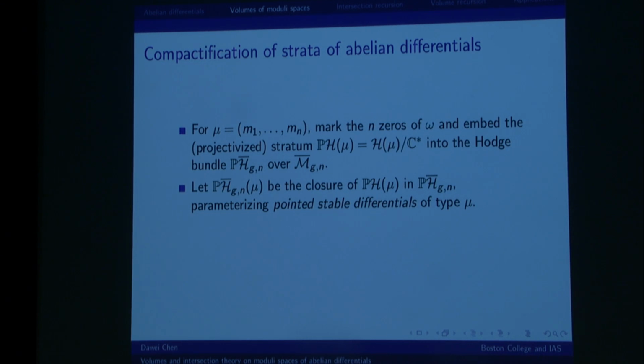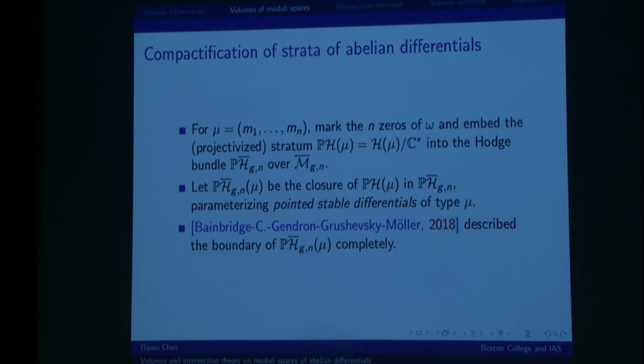Let me just briefly say that with my coauthors Sauvaget, Yang, Chen, Grushevsky, and Möller, in an earlier work, we can actually describe the boundary of this compactification to answer the question you asked: how the boundary differentials and the limit zeros look like. But again, we don't need it for this talk. I only need to convince you there is some compactified moduli space existing. That's good enough to use it to do some finer calculation, so we do know some information, and that's enough for the calculation later. If I talk about the compactification, it would be a different talk, so let's skip the details.